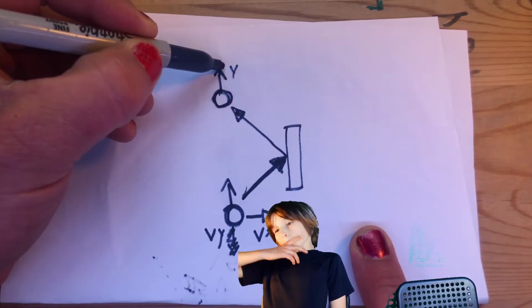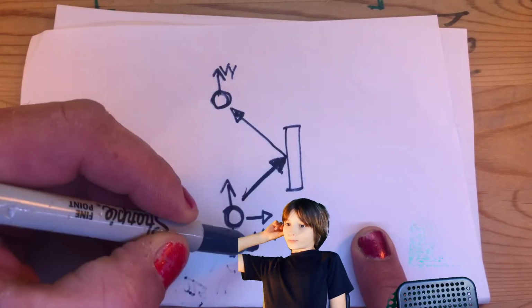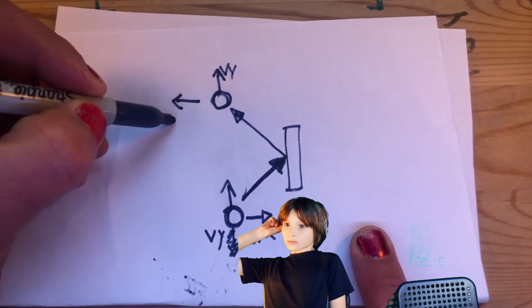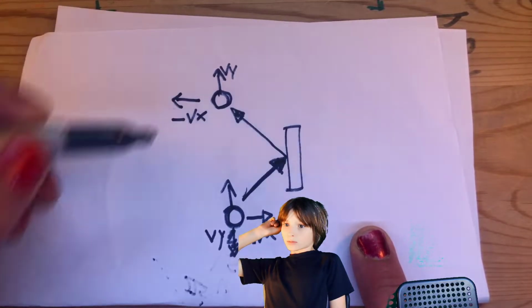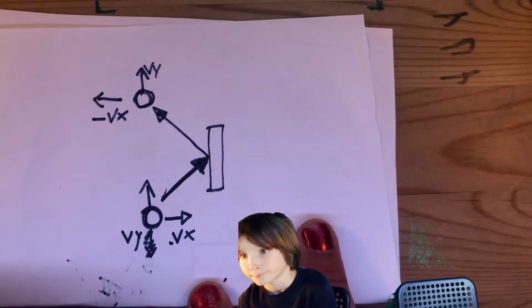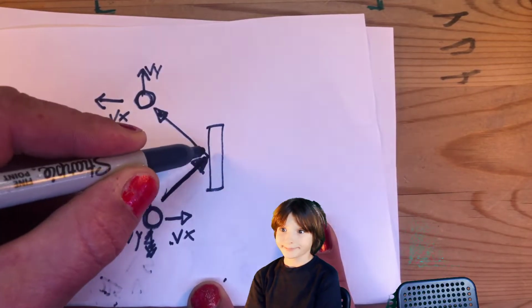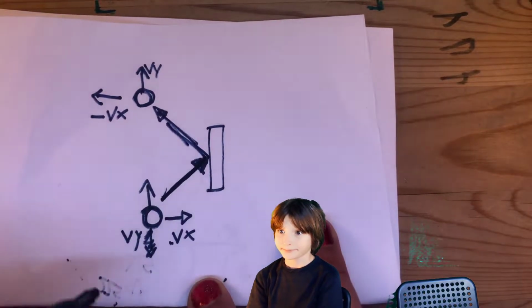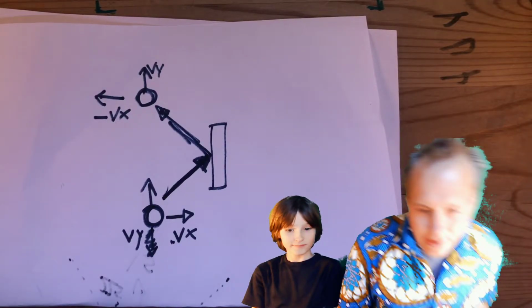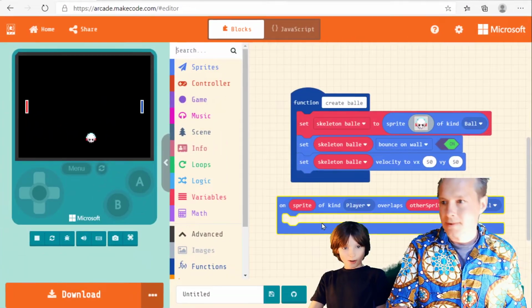But what we're going to do is reverse Vx. Does that make sense? So it arrives here and basically does a half turn, but just on the horizontal space. All right, let's try that.